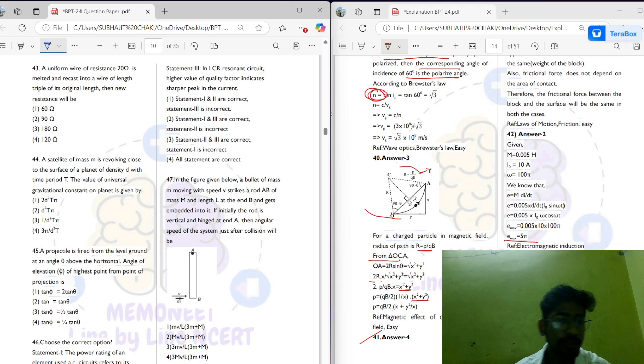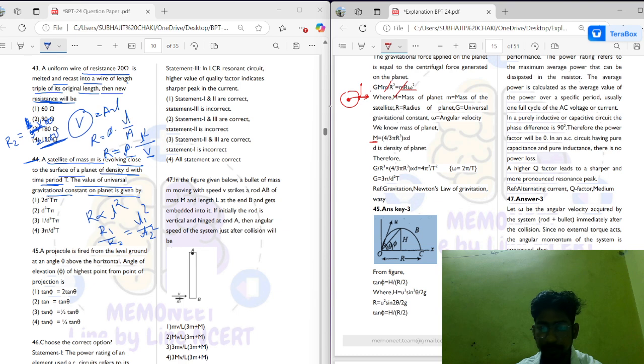So from this, GM by r square equals r omega square. We also know the mass of the planet is given by volume into d, and as the planet is a sphere, the volume is 4 by 3 pi r cube, into d. Therefore from this equation and this equation we get G into 4 by 3 pi r cube into d by r square equals r omega square.